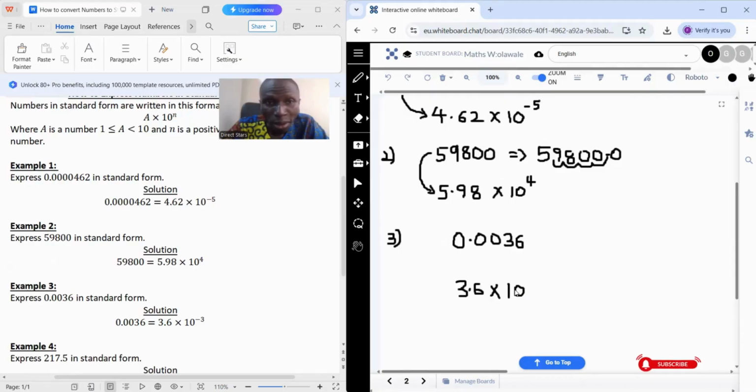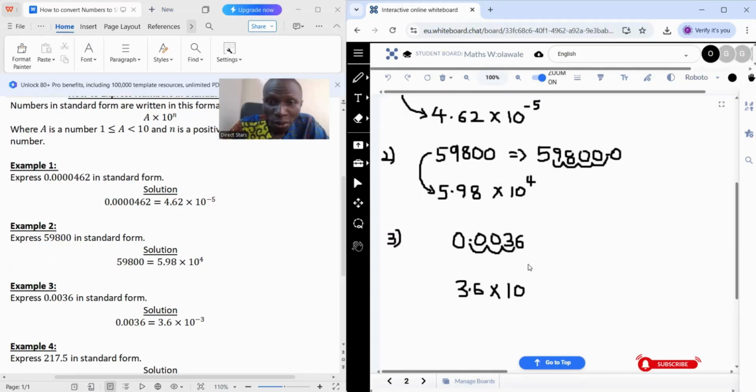And how are we going to get the power? From the original number, we are going to move the decimal point some number of places to make it 3.6. So we want to know the number of places we're going to move the decimal point. Moving it, we have 1, 2, 3. So the decimal point has been moved 3 places to have it be 3.6. But is it going to be positive 3 or negative 3?